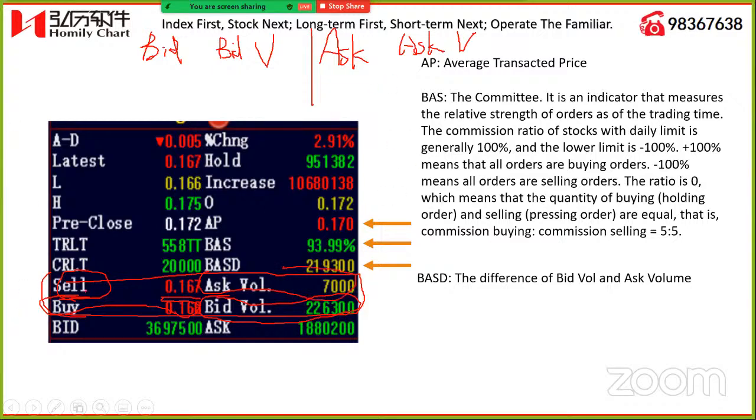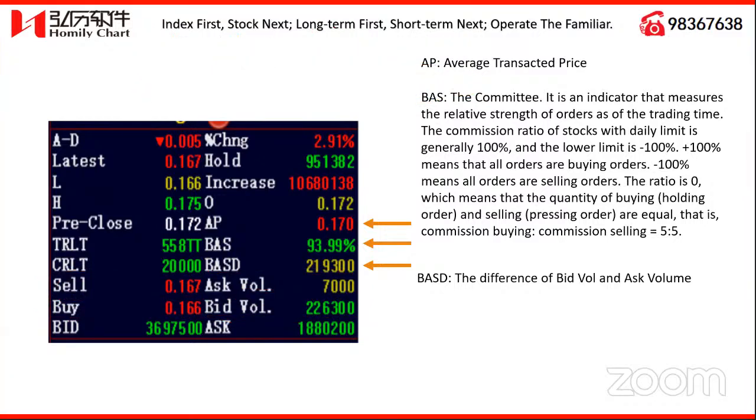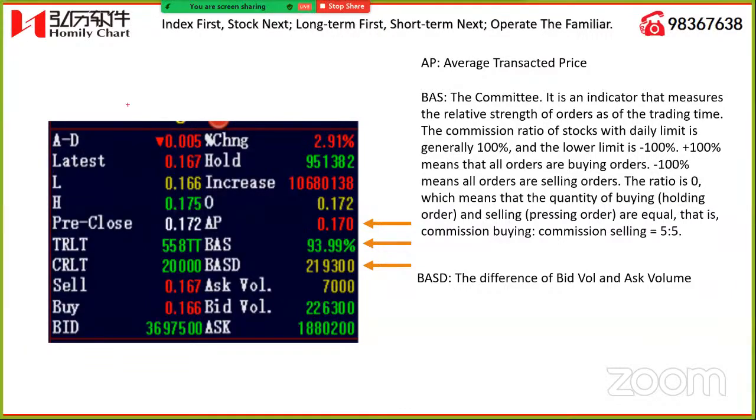So with this example, currently the asking price is 0.167, and the seller wants to sell 7,000 shares. At the same time there was a bid price and bid volume, here ask price and ask volume.